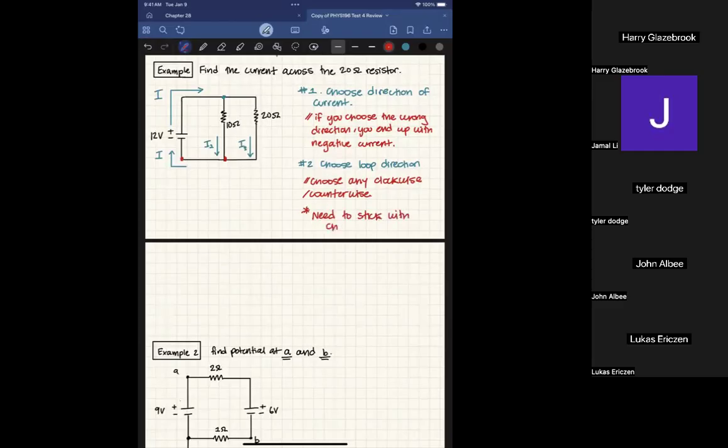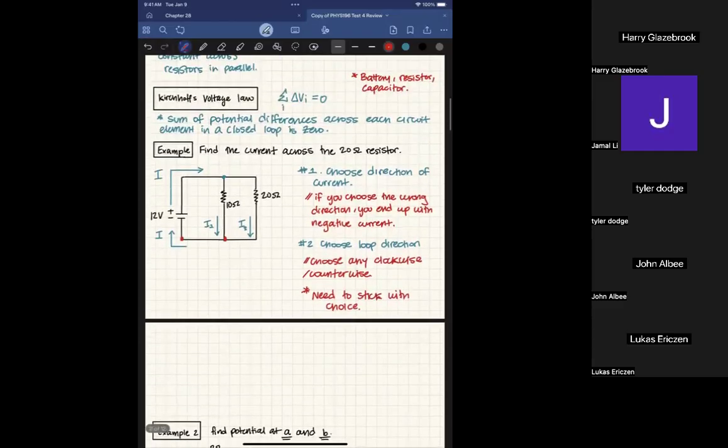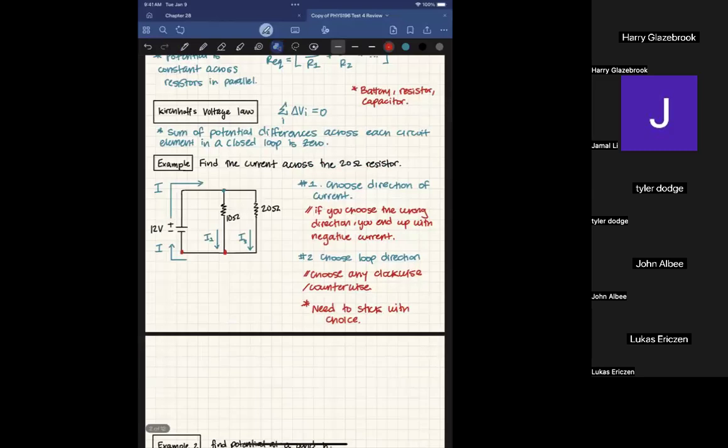With that said, doesn't matter what I do. So I'm just going to choose clockwise, let's say. So that just lets me know that I chose clockwise.